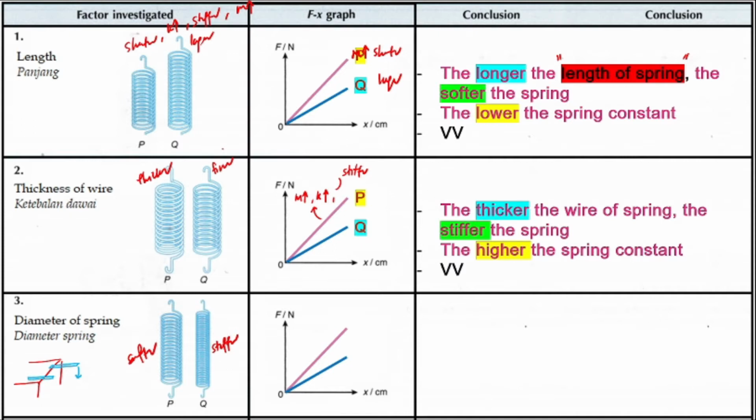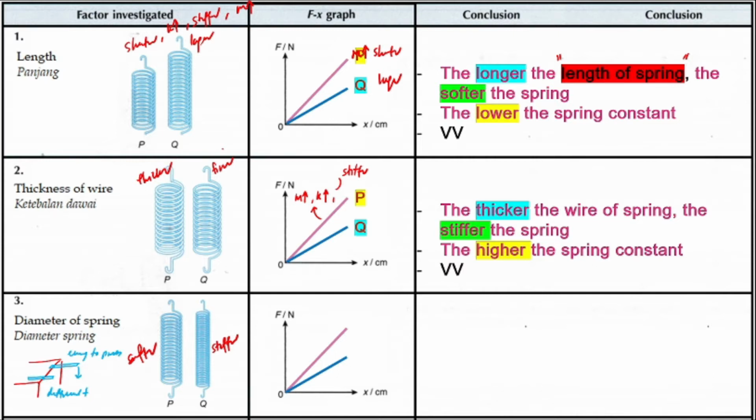Cikgu tekan kat ujung ni. So kalau kamu tengok ni, this is easy to press. This one is difficult to press. So it means that the smaller diameter of the elastic material is the stiffer.